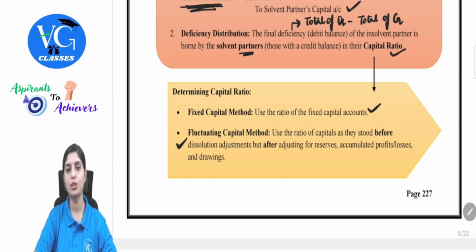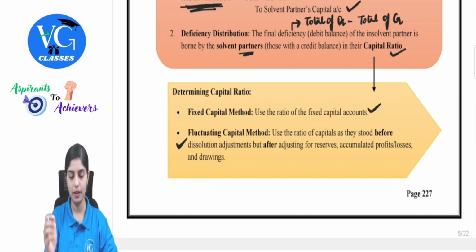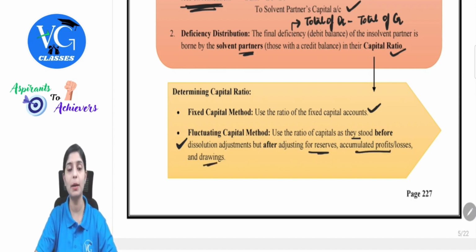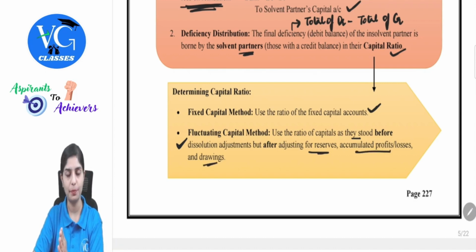How to take the capital ratio if it is as per the fluctuating capital method? Use the ratio of capital as they stood before dissolution adjustments, but after adjusting for reserves, accumulated profits or losses, and drawings. See, these three points do not result from dissolution. They were already there. Even if it was not dissolution, we were normally doing this treatment.